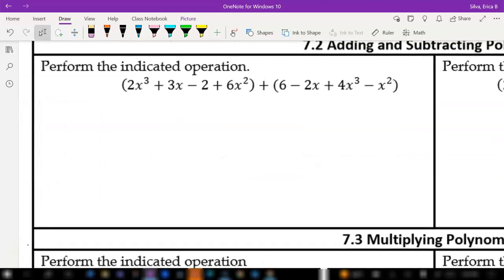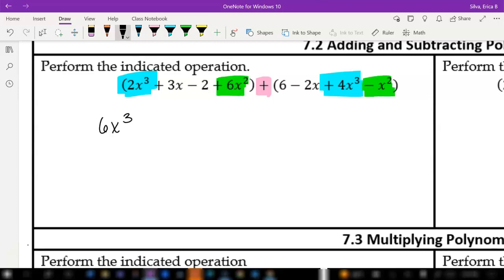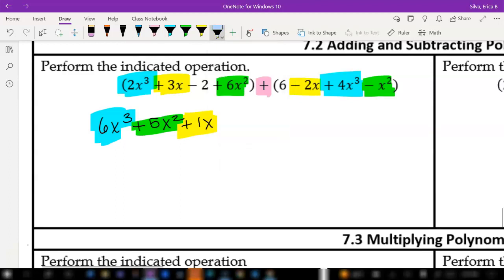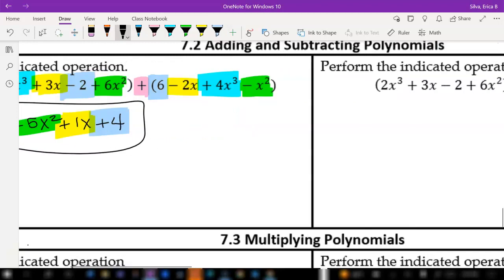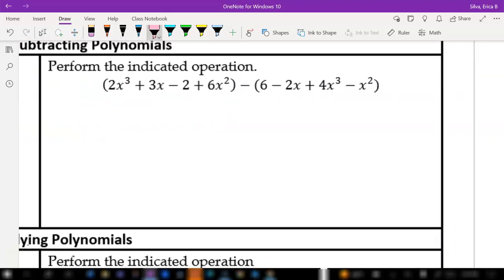For the next one, we're going to be adding and subtracting polynomials. Because there is a plus sign, we can drop the parentheses and just combine like terms. Okay, when we subtract, we're basically subtracting everything inside the second group.